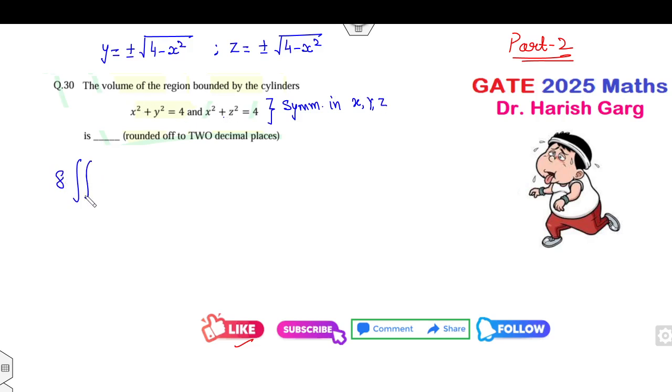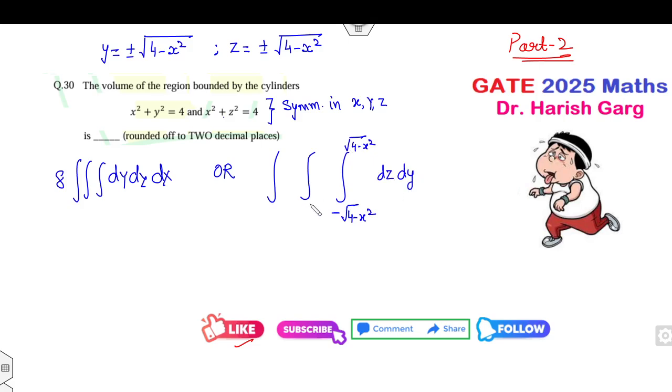I can write this as 8 times dy, dz, dx. Otherwise, you can write it as a triple integration. The value of z is from minus to plus root of 4 minus x square, this is the dz. Then dy, again from minus to plus 4 minus x square.